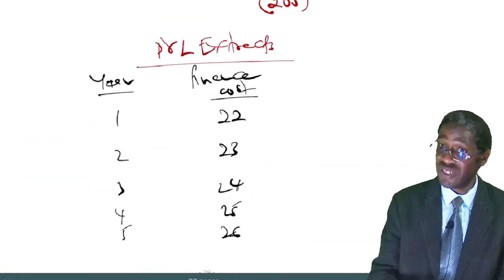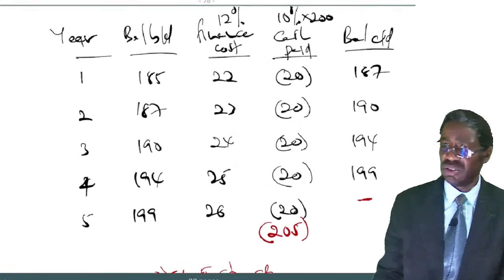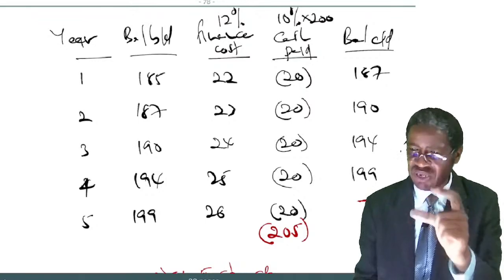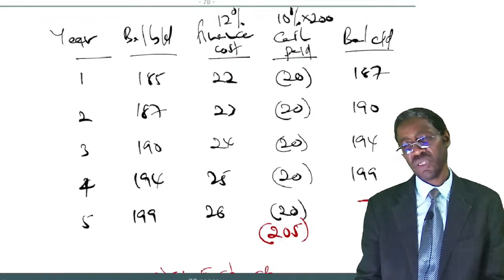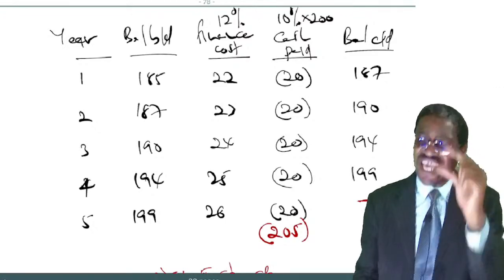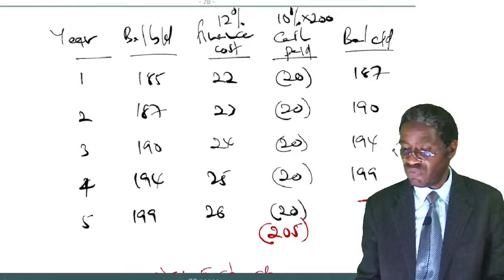I go back to my table. By end of year 1, I am carrying down a liability of 187 million. This bond will be redeemed at the end of the 5th year.